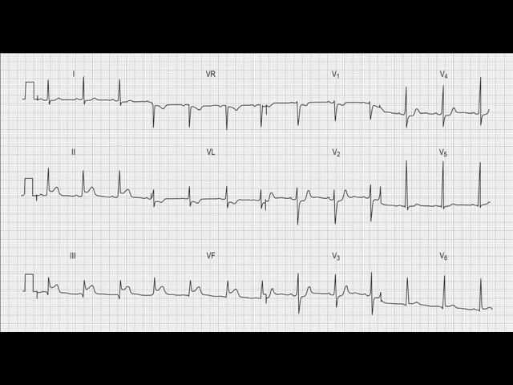Conversely, if you see ST elevation in the early V leads, you see ST depression in the inferior leads. That's not uncommon. And the other thing to point out is if you look at lead 3, you'll notice after the little P wave there, it drops down. You've got a Q wave before the tall R wave. This is not unusual in a myocardial infarction that has been allowed to progress for a number of hours. A Q wave is growing, and that will grow if untreated, and that will stay forever.